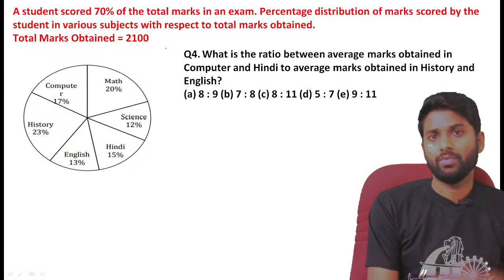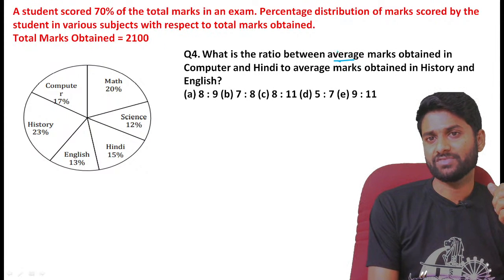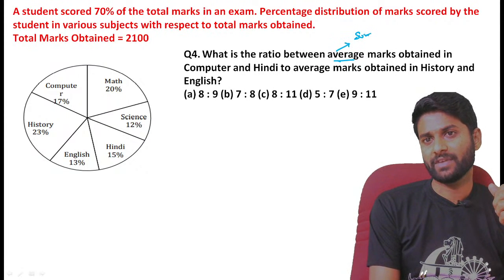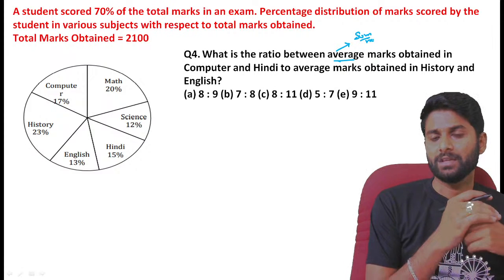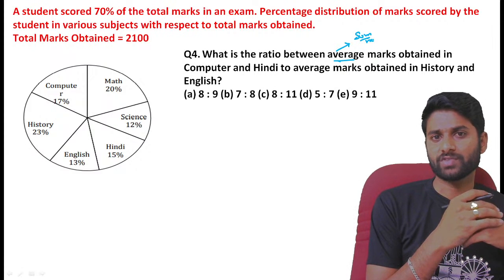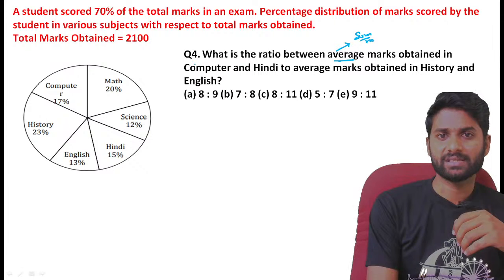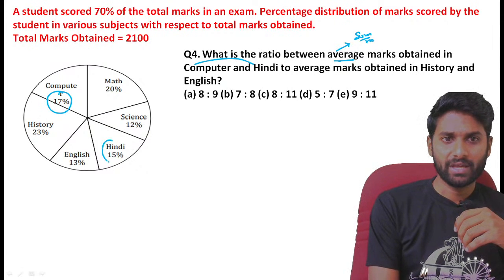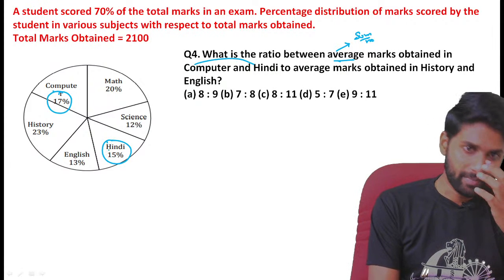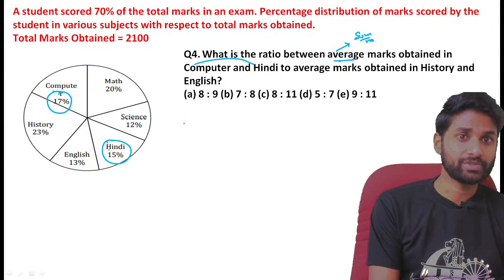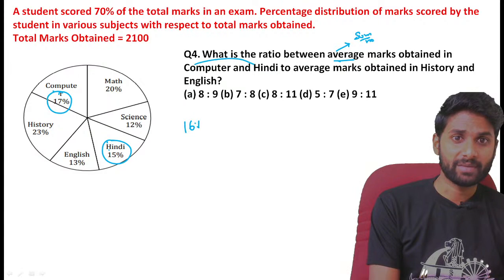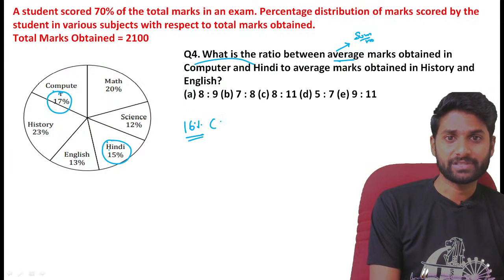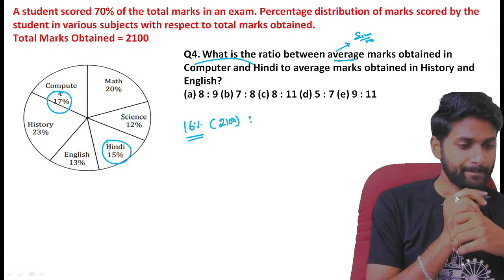See the question number four. What is the ratio between the average? What is the average? So average can be defined as sum by number. Then what is the ratio between the average of marks obtained in computer and Hindi? Just guys see, computer and Hindi average we require. Computer, Hindi. Sum of these two parameters is exactly equal to 32 percentage. 32 percentage average becomes exactly equal to 60 percentage of what they are getting. What they are getting is exactly equal to 2100.